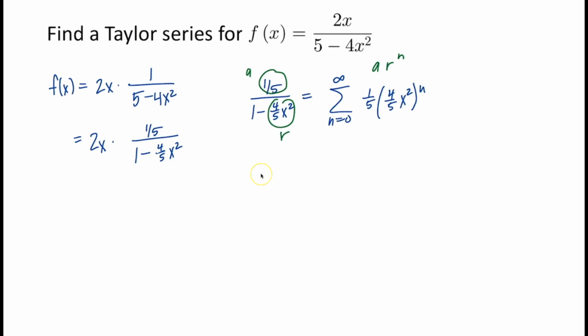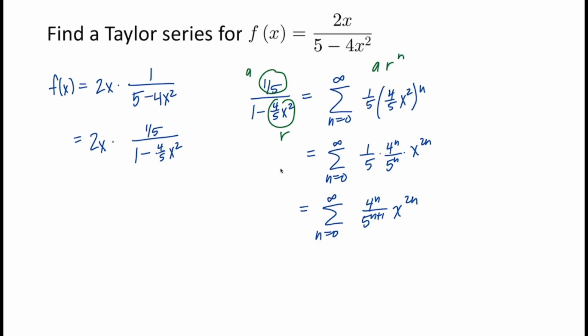Let's clean this up a little bit. This is the sum of n equals 0 to infinity of 1/5 times 4 to the n over 5 to the n times x to the 2n. I'm raising each part to the n so that I can combine the 5 to the first and 5 to the n. So we have the sum of n equals 0 to infinity of 4 to the n over 5 to the n plus 1, x to the 2n.